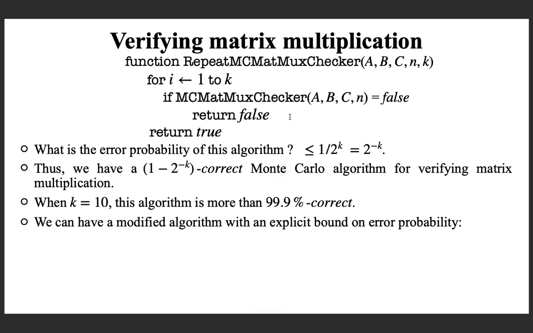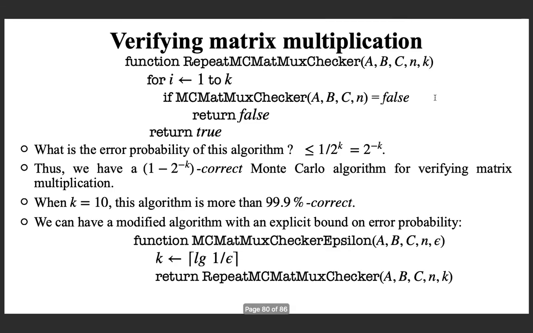Now we can have control on how many times you want to execute the algorithm. If you want to control the error probability to epsilon, that is, get a 1 minus epsilon correct algorithm, what you can do is you take k as log 1 by epsilon to the base 2.